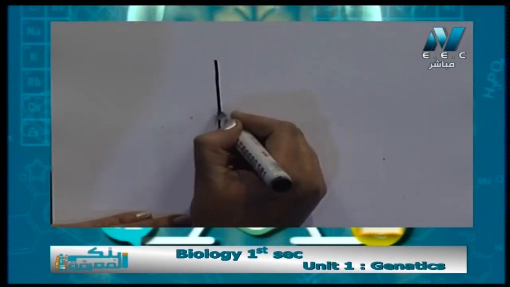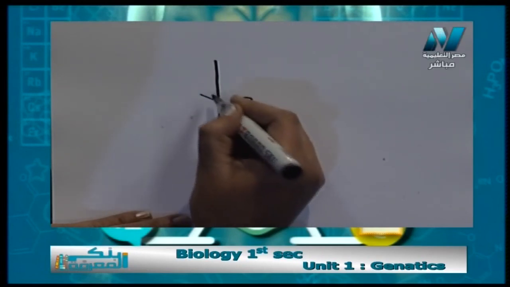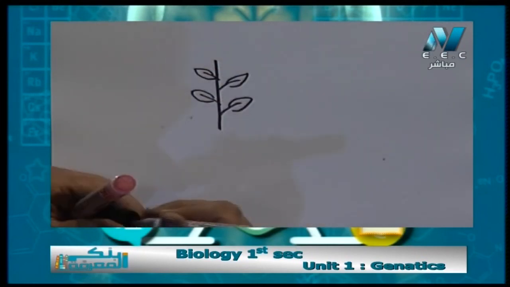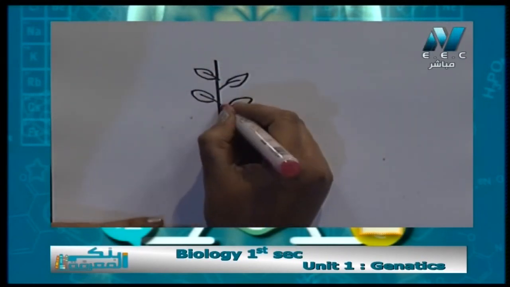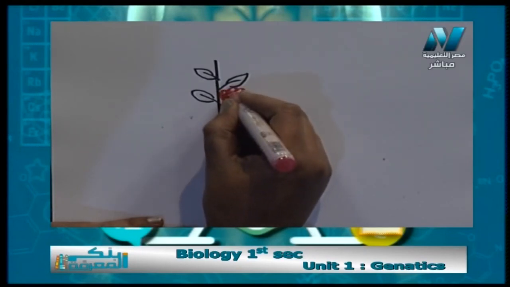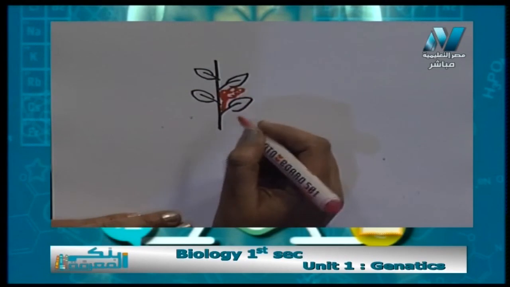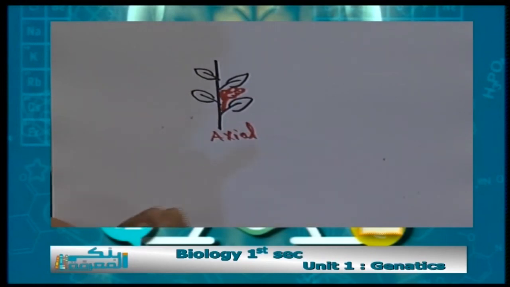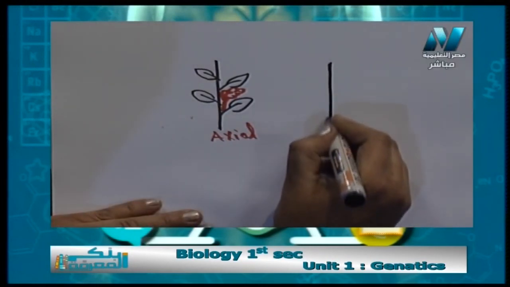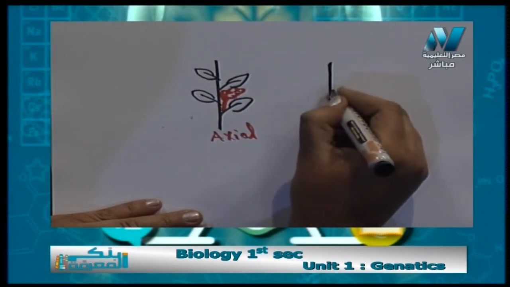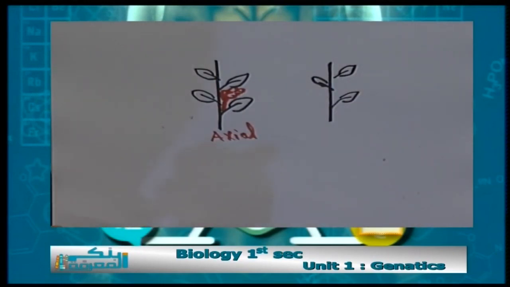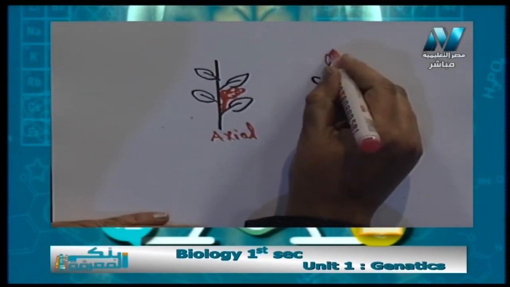The stem like this, leaves. When the flower comes like this position, we call it axial. Got? Another stem, the flower grows terminal.